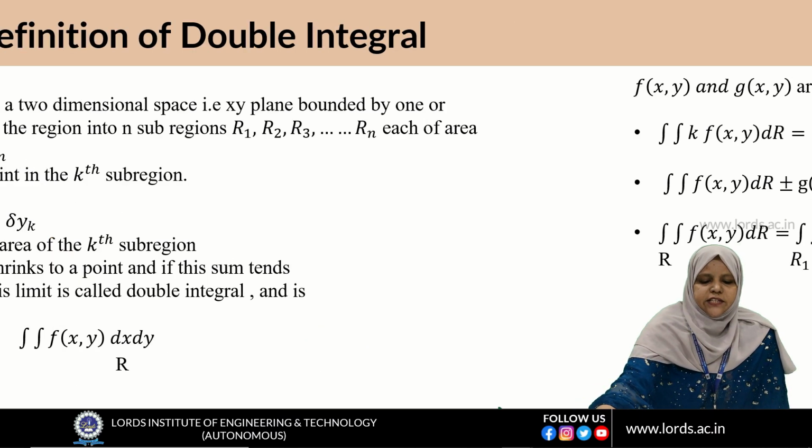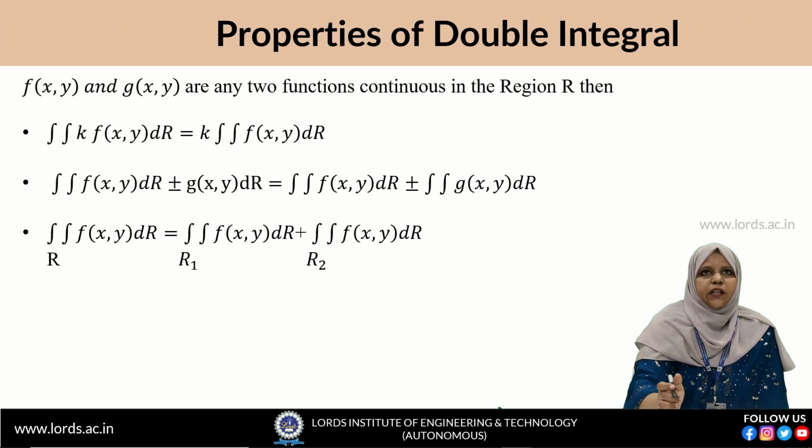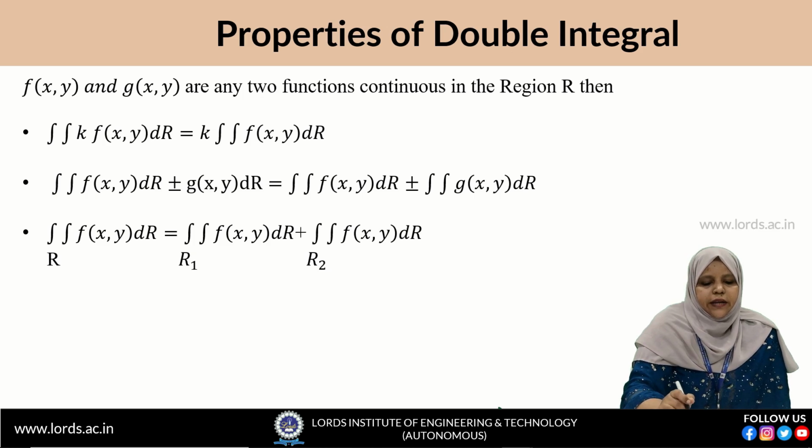Now moving to the next, we are going to see the properties of a double integral. It is the same as the properties we have for integrals. The same thing holds for double integrals also.